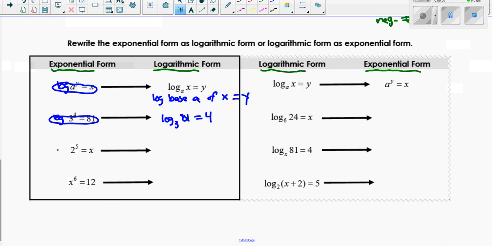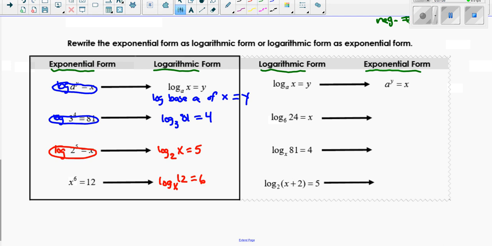If I throw a log in front of here, circle all of this, leaving out my exponent, 2 to the 5th equals x is the same as log base 2 of x, which equals the exponent of 5. Okay? And then last one. The next one I would say log base x of 12 is equal to the exponent of 6.